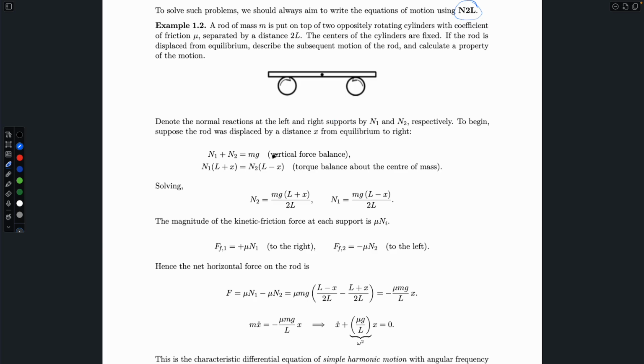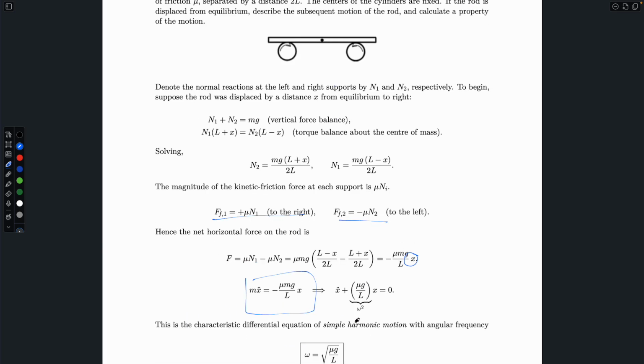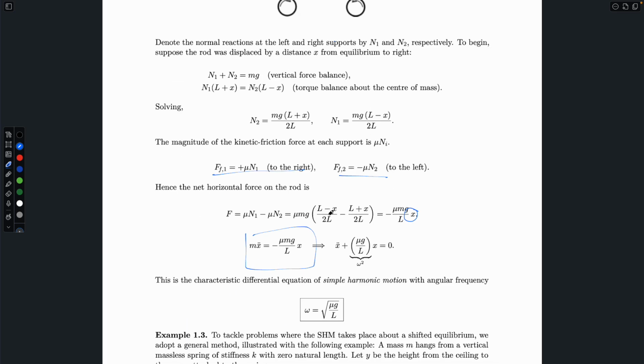You get an expression for the restoring force, and we see that it has a linear dependence on the displacement. Then we sub it into our F equals ma, and we see that this is the characteristic differential equation for SHM. So the frequency of the simple harmonic motion is this.